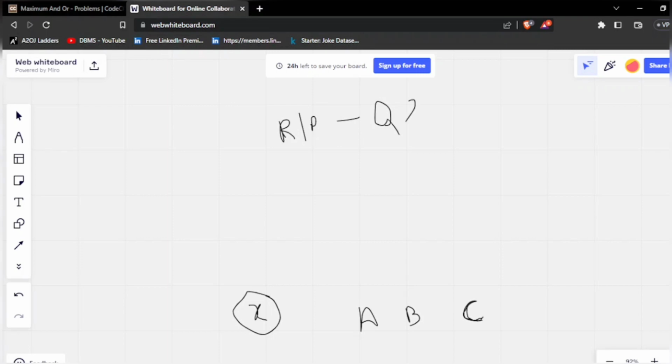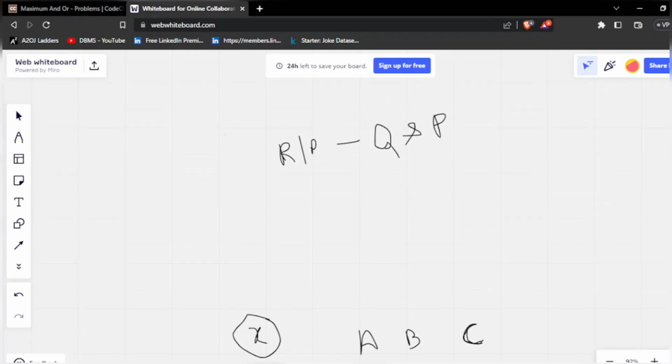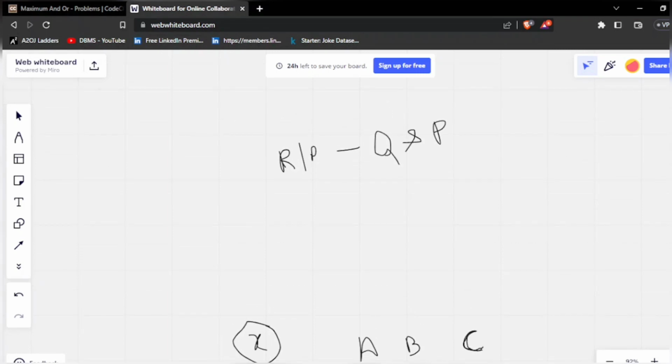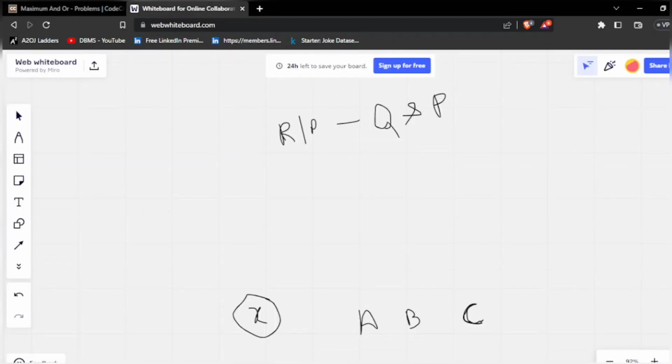This function is for p, q, r, and if I replace it for x, a, b, the function will be (b or x) minus (a and x). So we are given these two numbers.